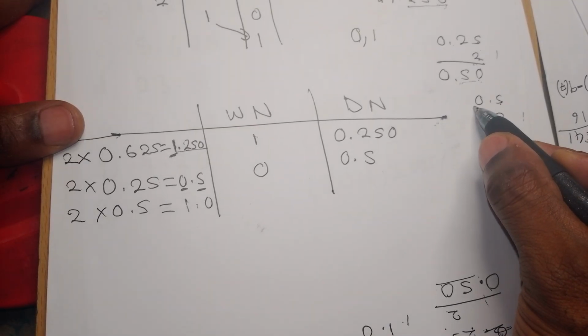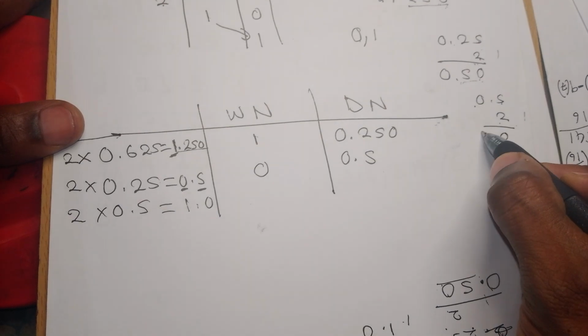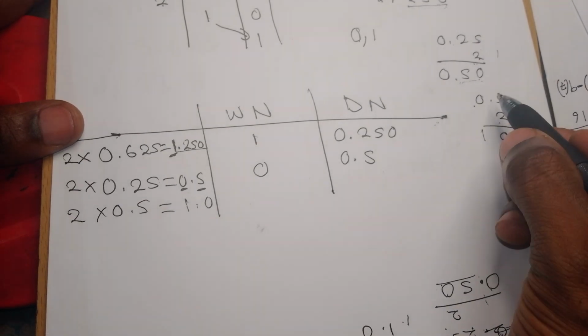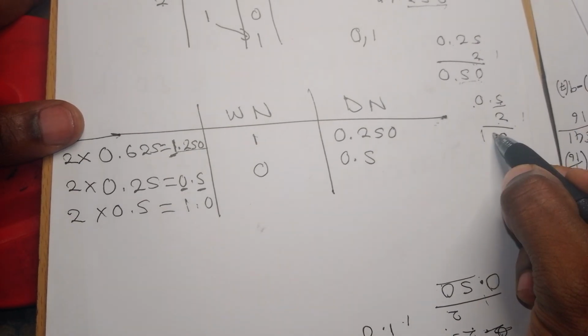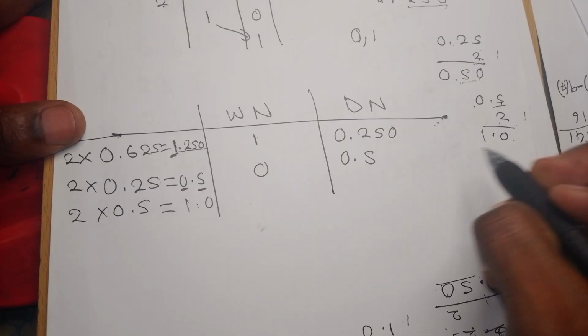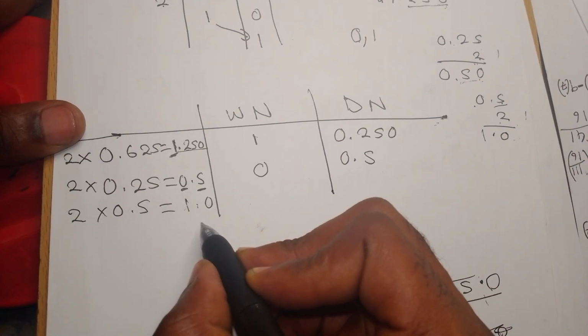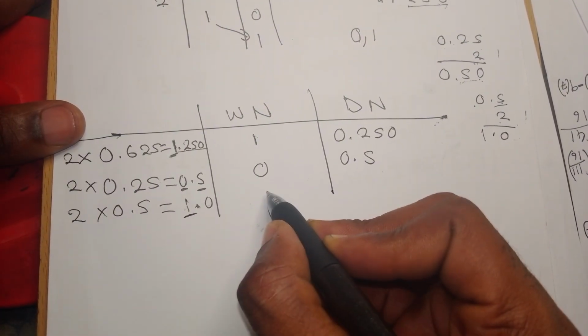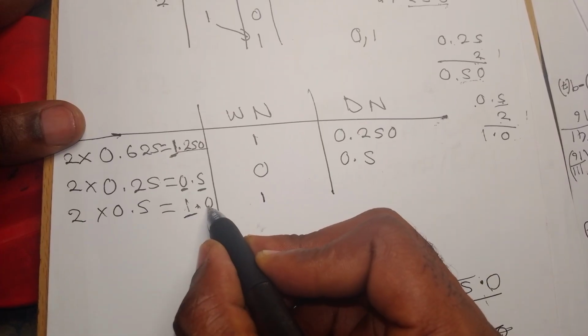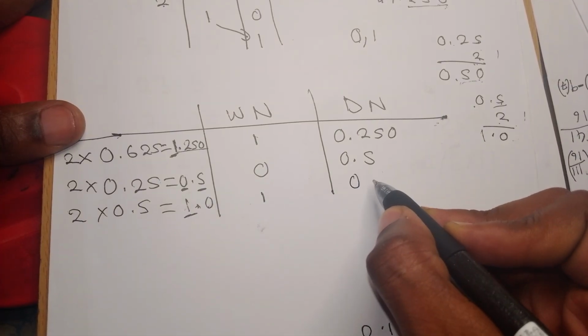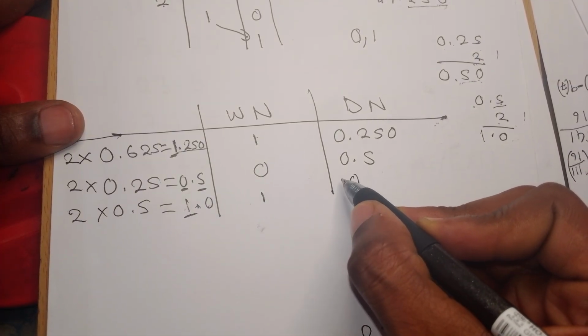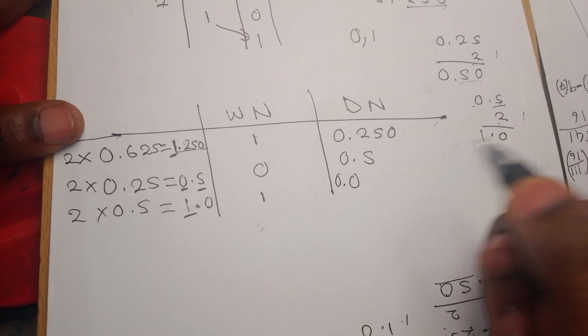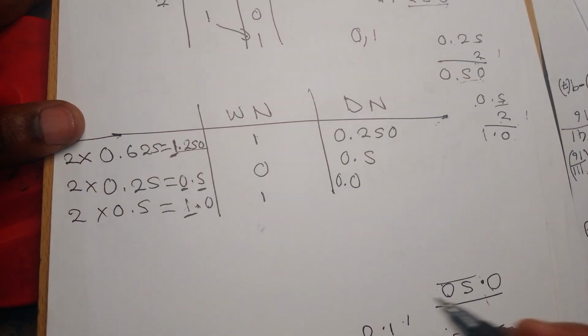2 times 0, that's 0, plus 1, this is a 1. We have 1 decimal place, we should have 1 decimal place there, so this will be 1. You write the whole number part, which is a 1, and then the decimal part, which is the 0. But because this is a decimal number, you put 0.0, and you're done.